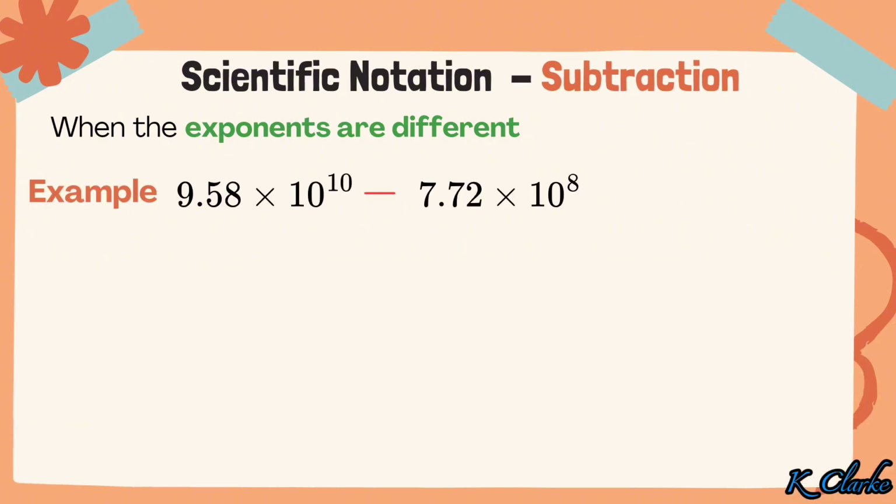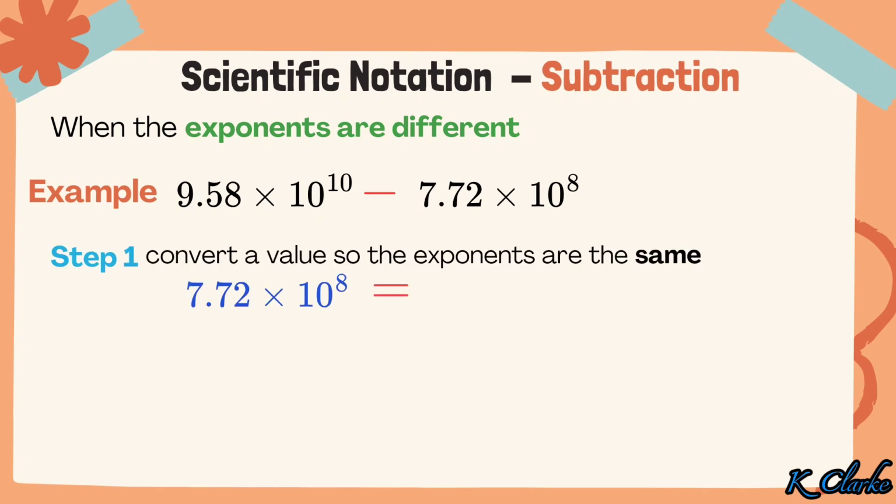Example: 9.58 times 10 to the power of 10 minus 7.72 times 10 to the power of 8. Step 1. Converting the smaller exponent to the larger exponent. The converted value equals 0.0772 times 10 to the power of 10.